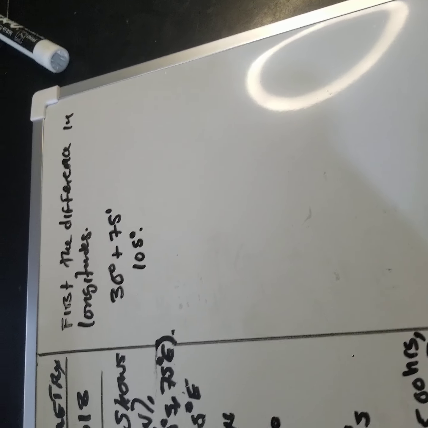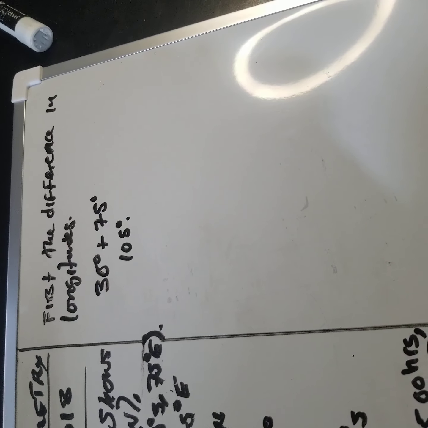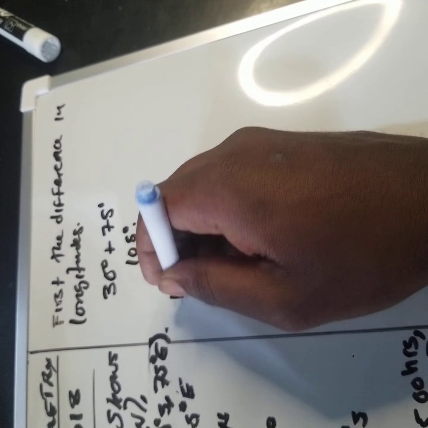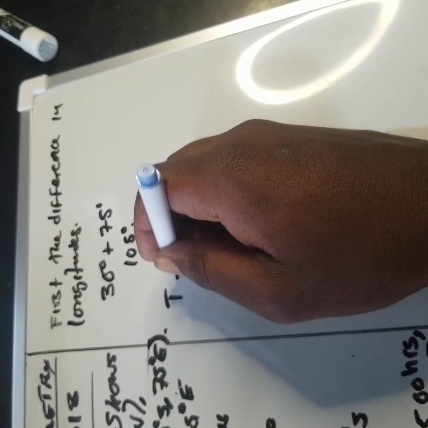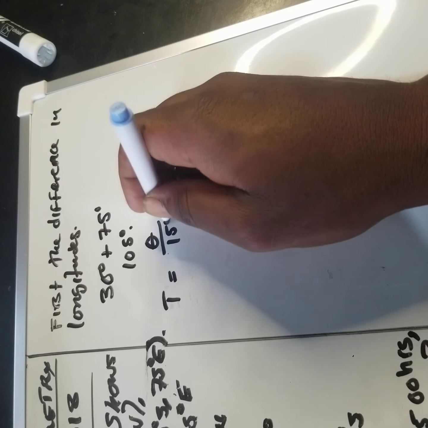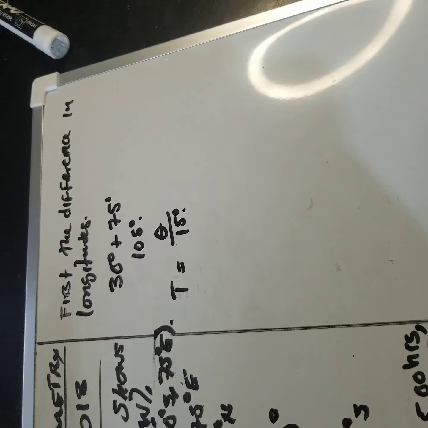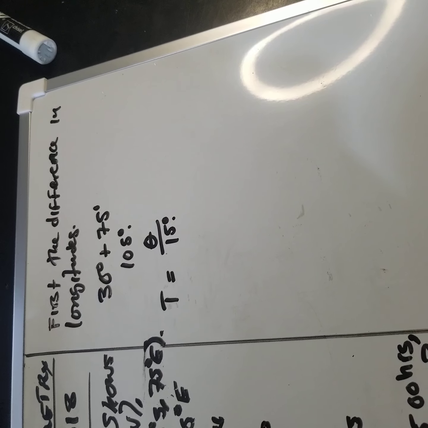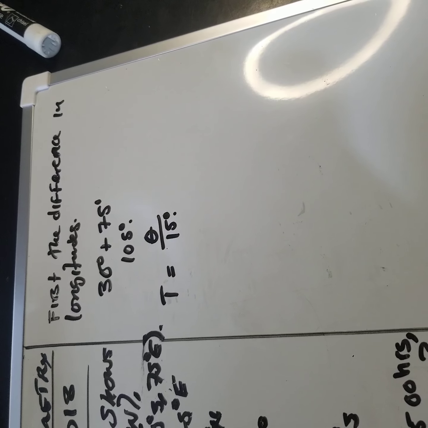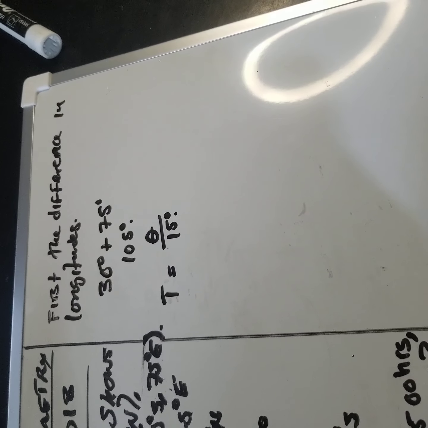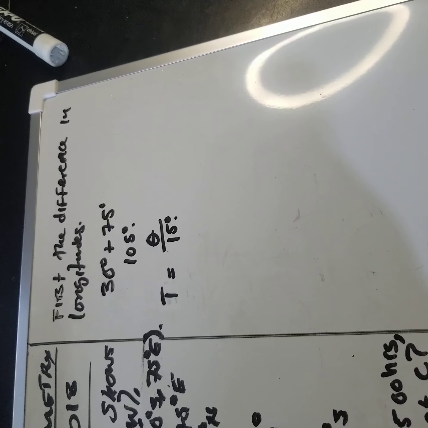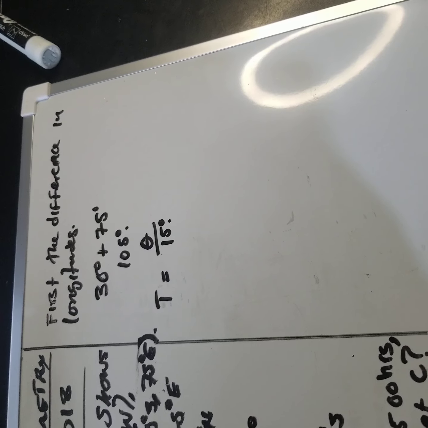Now, when you are done dealing with the difference, you find the time. Remember we are saying time is equal to theta over 15 degrees. What is the theta? The theta is an angle, which is the difference in longitude. Remember, when you are dealing with time, 1 hour is equivalent to 15 degrees.